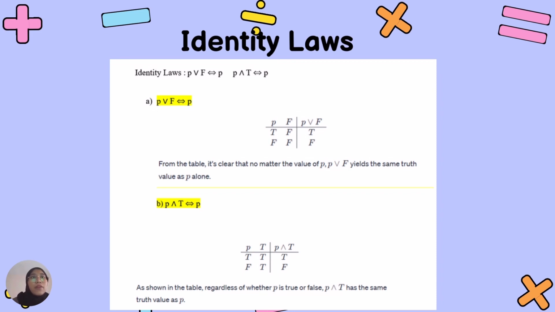These laws are fundamental in logic as they help simplify expressions and arguments. They demonstrate that a proposition with an absolute true or false does not alter the original proposition's truth value.